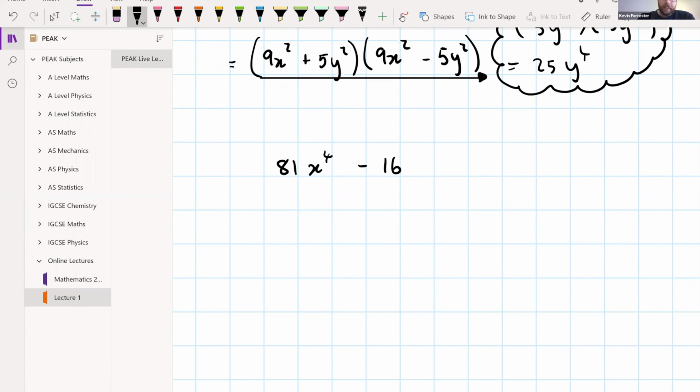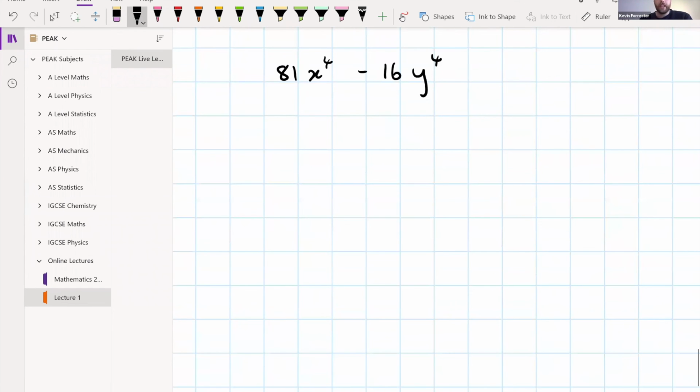Minus 16y to the 4. So here we have, again, same scenario as before, where we have x to the 4 and y to the 4, which we can write as x squared, squared. So let's write that in that format. So it's going to be 9x squared, squared, minus 4y squared, squared.